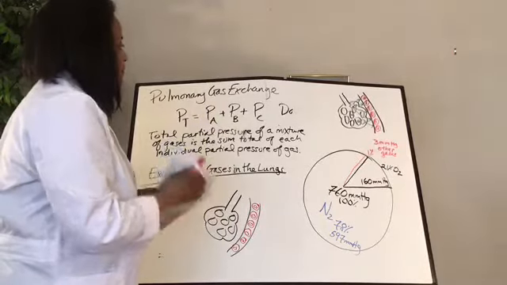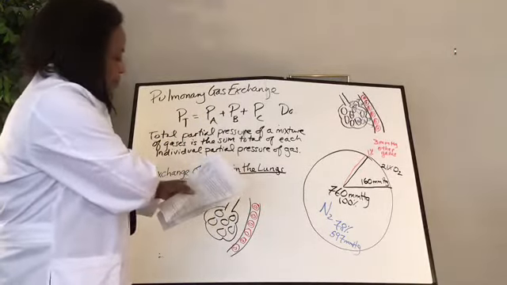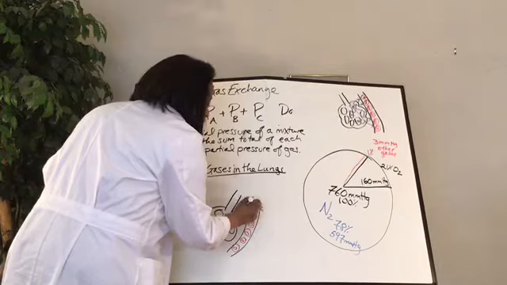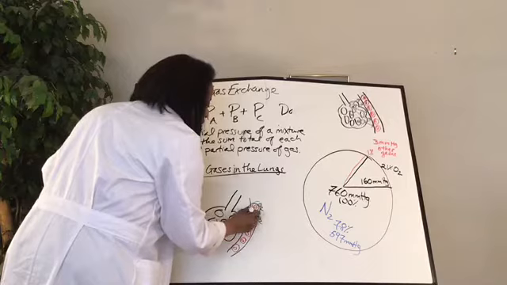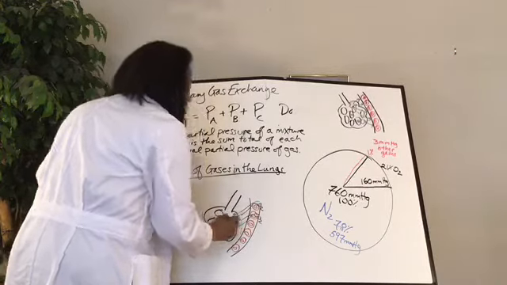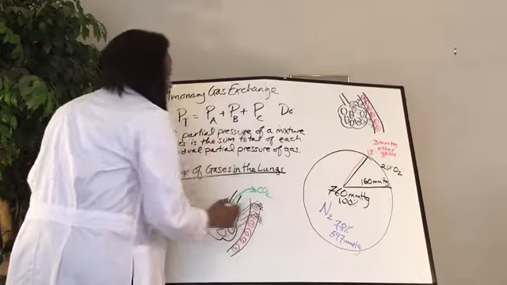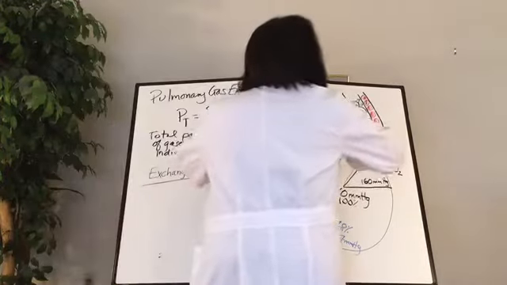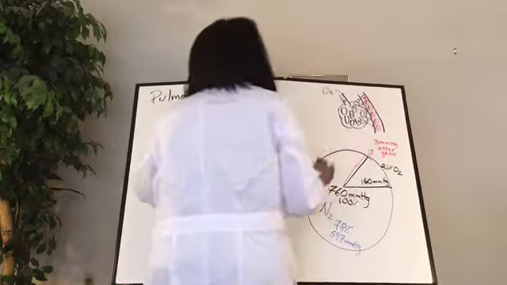Here's the blood in the capillary. Carbon dioxide is on the blood cell, but it's going to diffuse into the lung. And then we will breathe that out. Right? Same as the opposite occurred here with the oxygen that we breathe in.